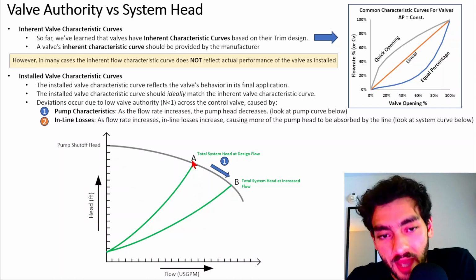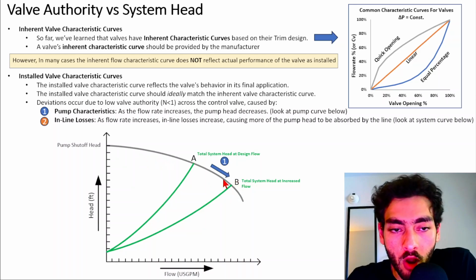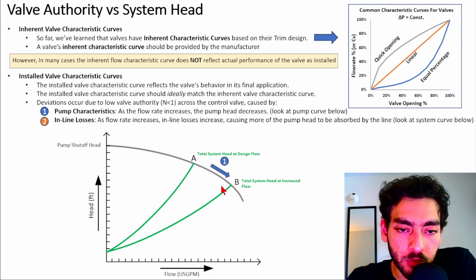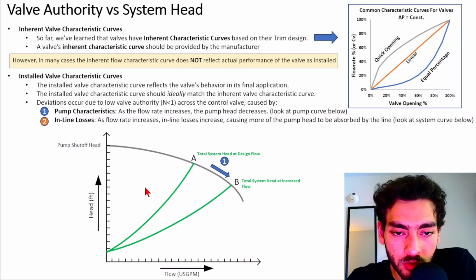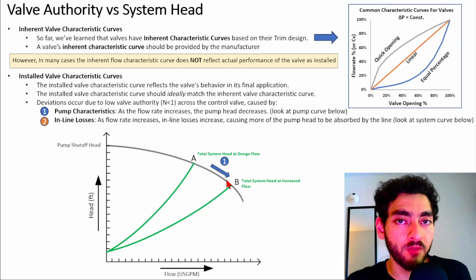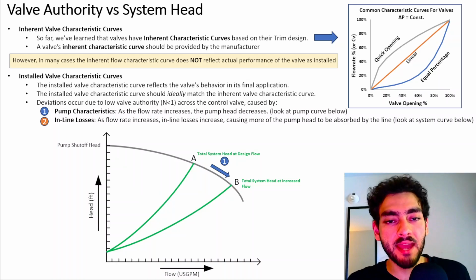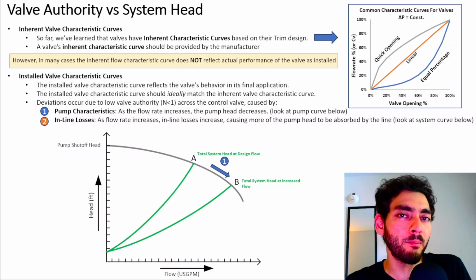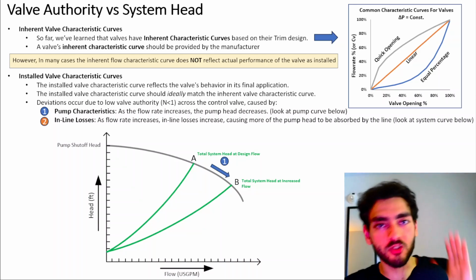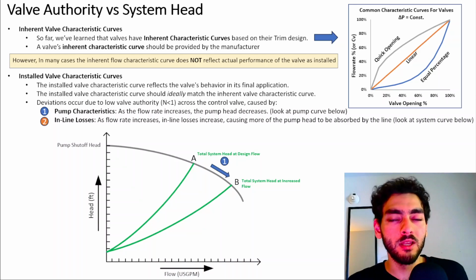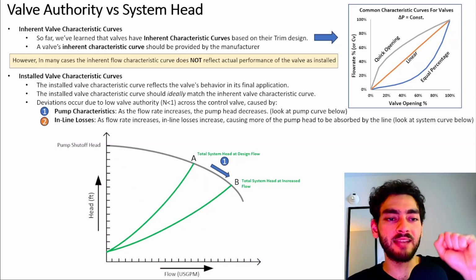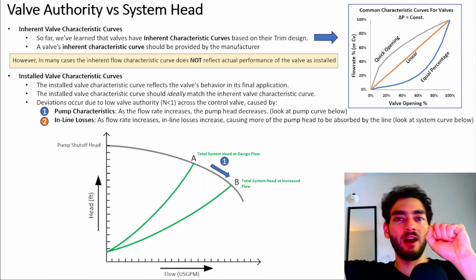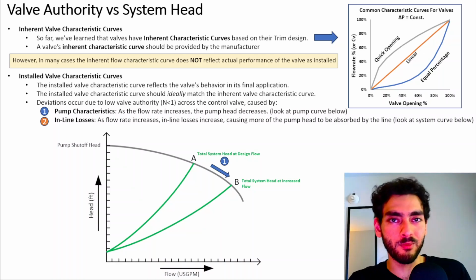However, when you do that, the new operating point will be over here at point B. And in this new operating point, the total head, or the total pressure the pump can provide, is a lot less, because now you have to also consider the pump, which is the source of the pressure and the flow, because essentially pumps can't just give you infinite flow at high pressures. There is always a compromise.